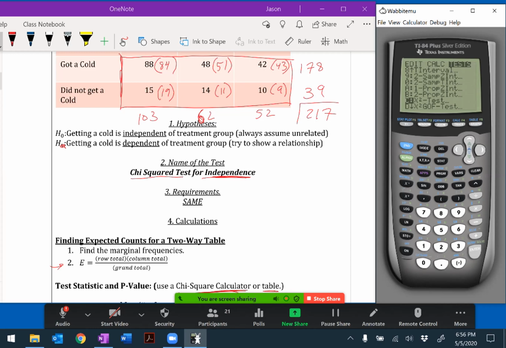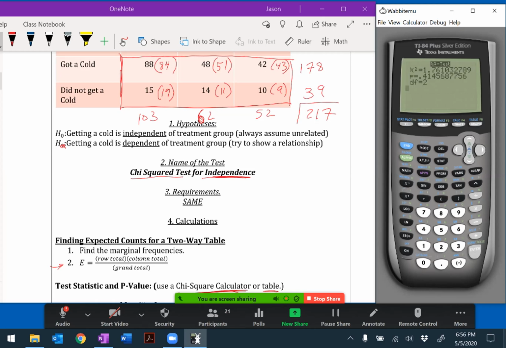So we go to chi-square test, which is C this time. It asks, which matrix is your observed matrix? And it's matrix A. Then it asks, which do you want your expected matrix to be? And I'm going to say I want the expected to be matrix B. Then just hit calculate.